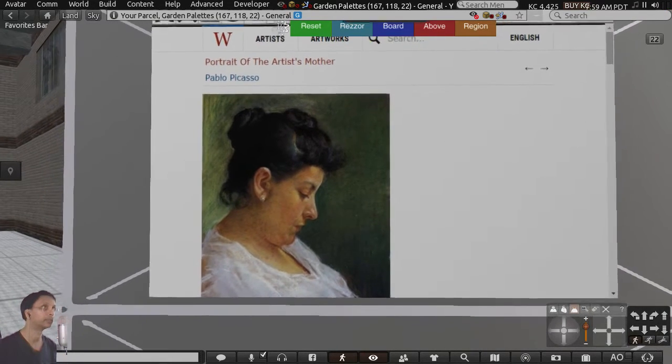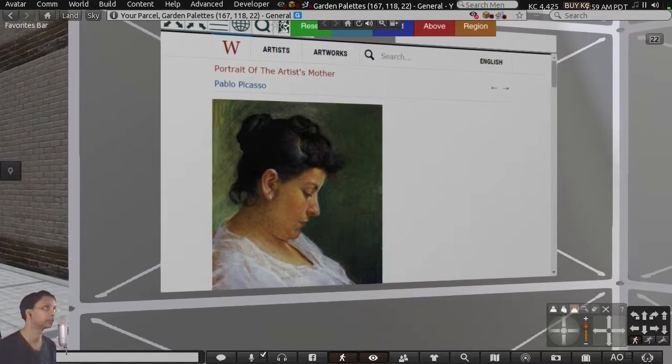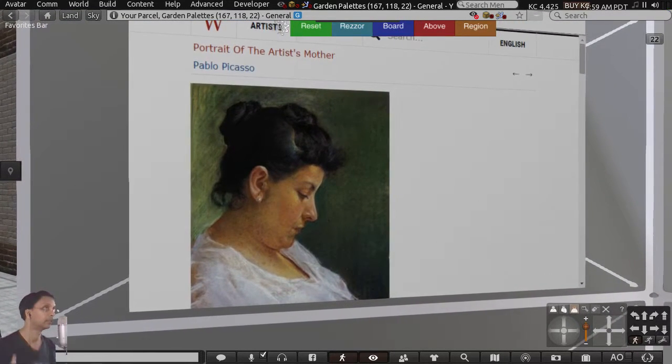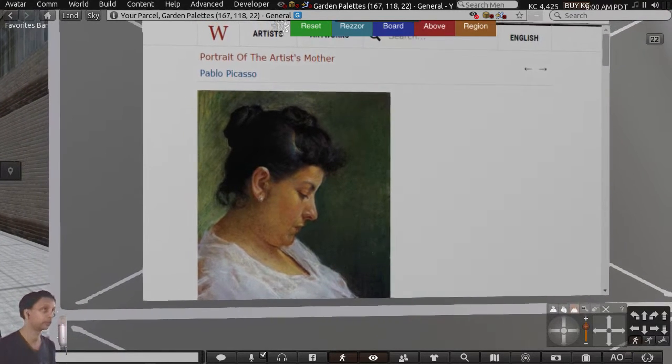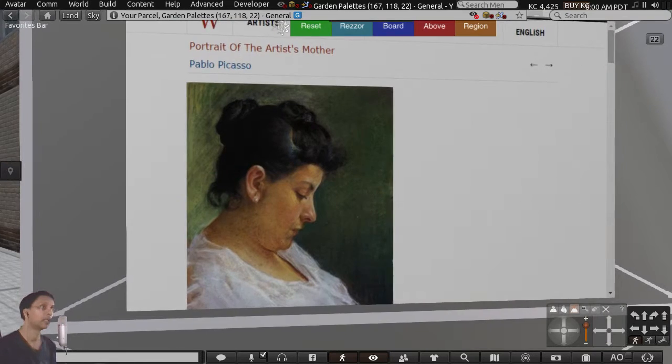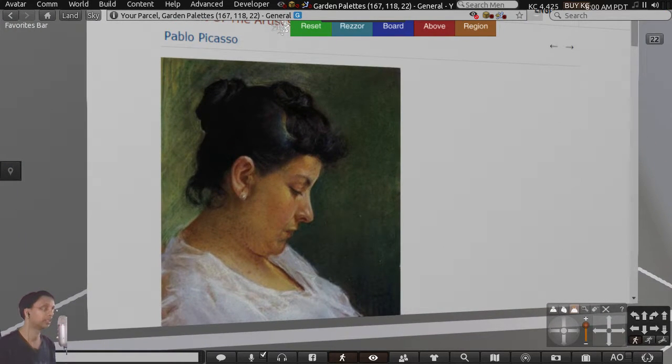So that's like a portrait of Picasso's mother. There's nothing abstract about it. It looks like a photograph. It looks like a picture, to a certain extent.